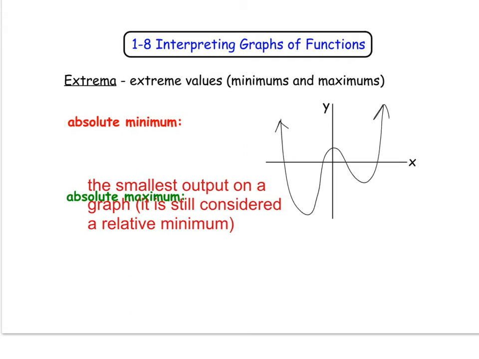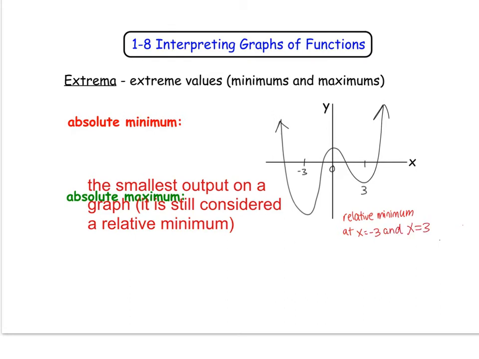So if you look at this graph, we have some different points here. We have a relative minimum here, here, and a relative maximum here. So those are all really important points on the graph. So for relative minimum, I would say it has a relative minimum at x equals -3 and x equals 3.